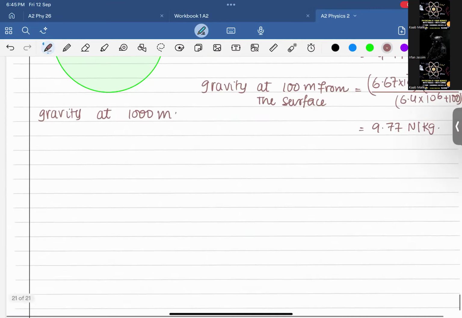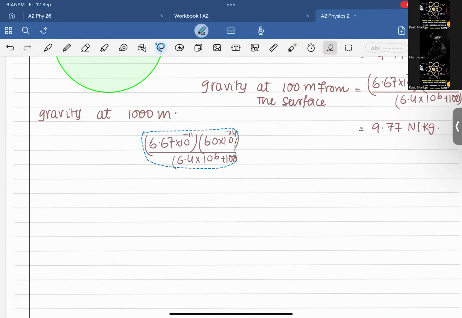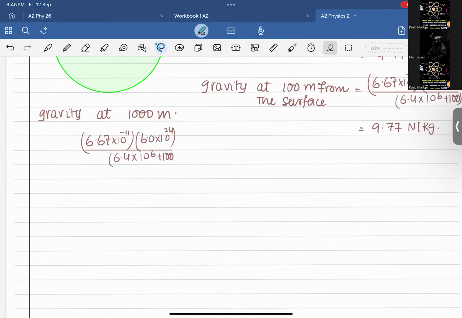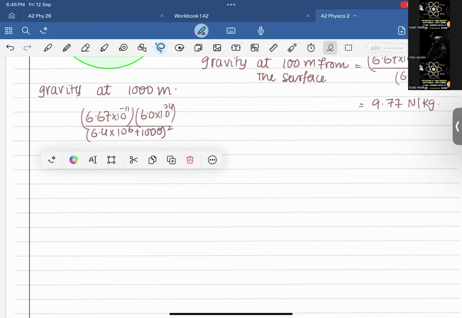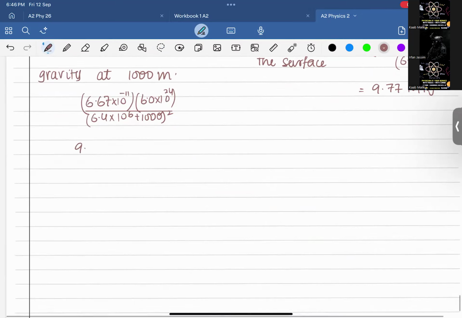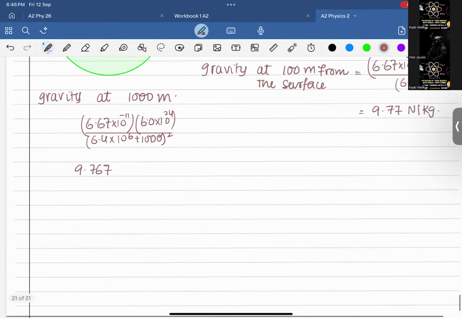The formula remains the same and everything remains the same, but over here you just need to add 1000 and square it. When you add the 1000, I don't think it will change. It is just 9.767.